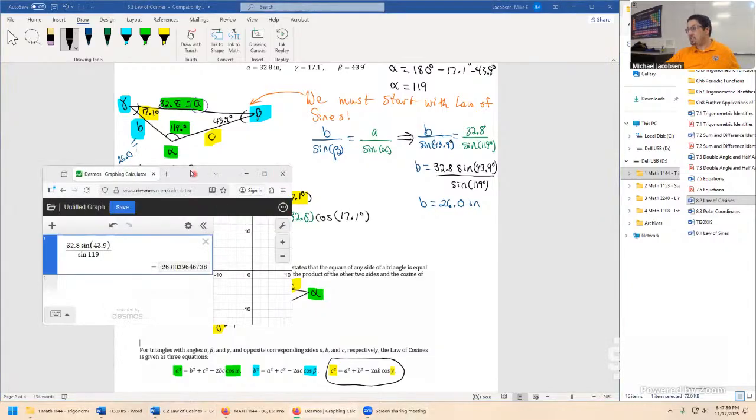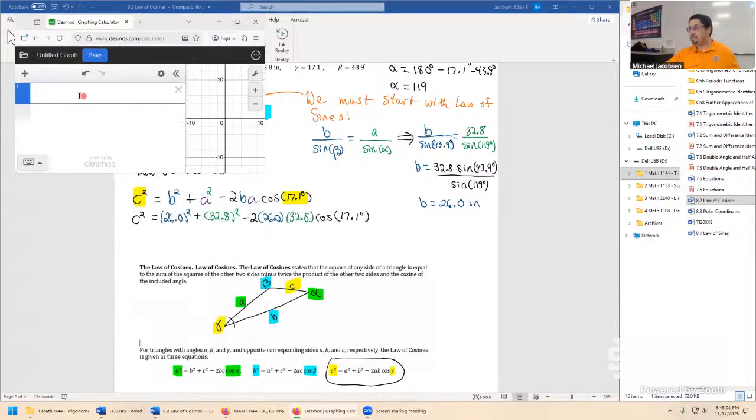So plugging that back into the calculator, the right-hand side here is 26 squared plus 32.8 squared minus 2 times 26.0 times 32.8 times cosine 17.1 degrees.